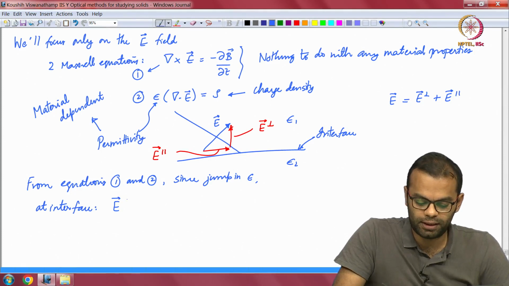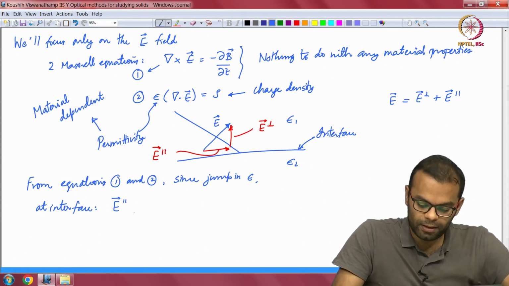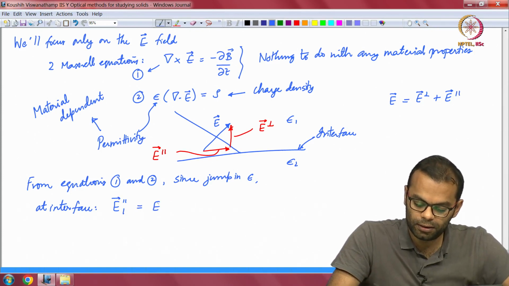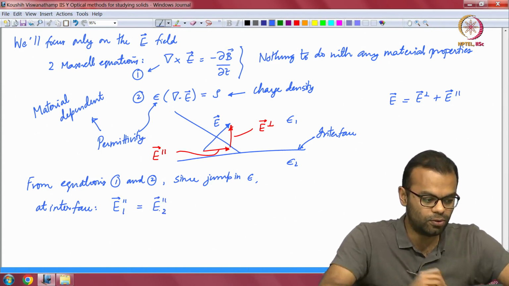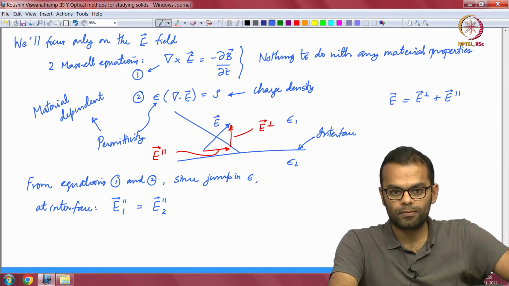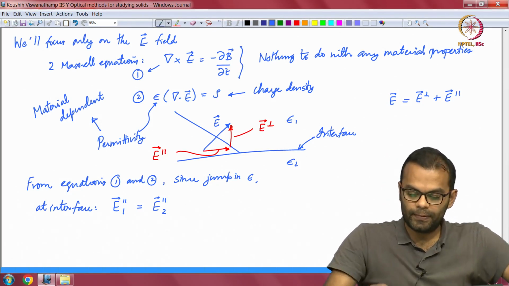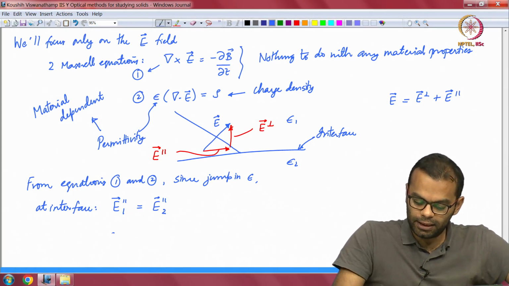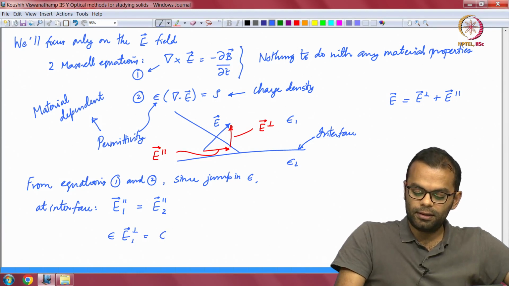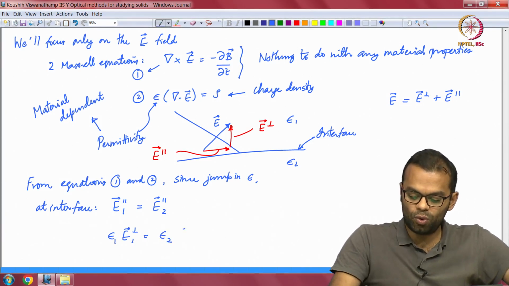The first is that the parallel component on the 1 side is equal to the parallel component on the 2 side. Okay. And the second is that epsilon 1 times the perpendicular component on the 1 side is epsilon 2 times the perpendicular component on the 2 side.